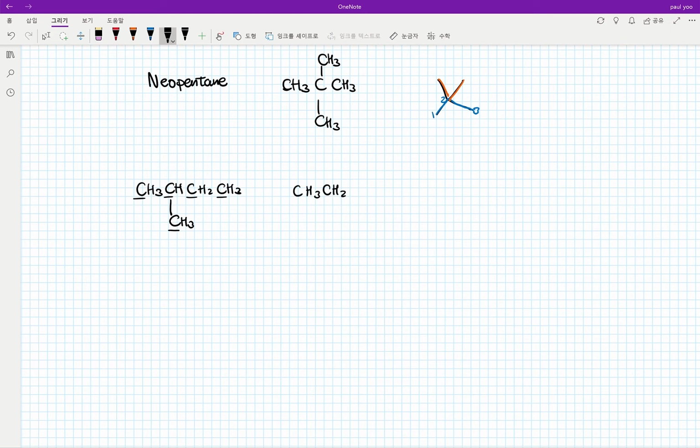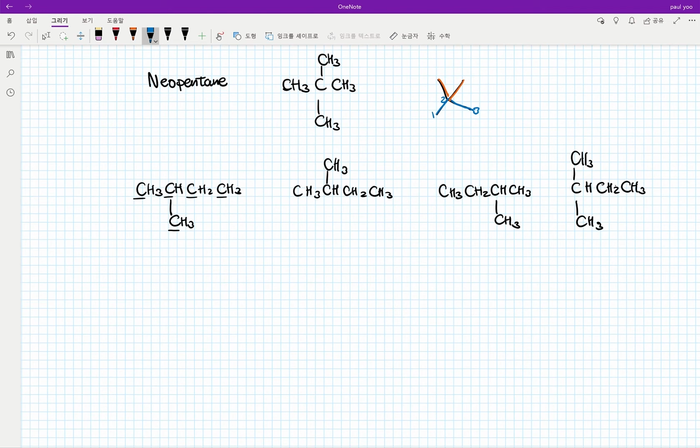CH3, CH2, CH, CH2, CH3, CH3, and CH3, CH2, CH, CH3. So these are all 5 carbon molecules. They're some sort of isomers for pentane.